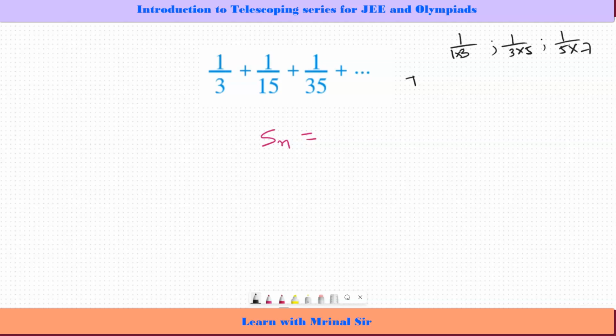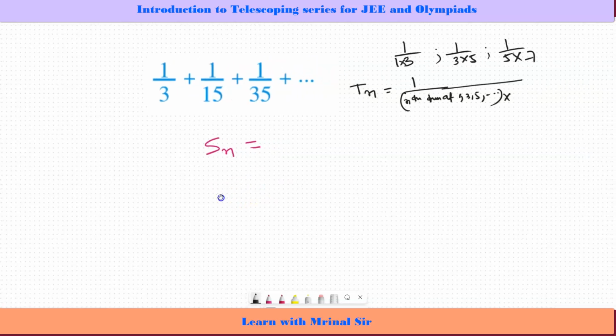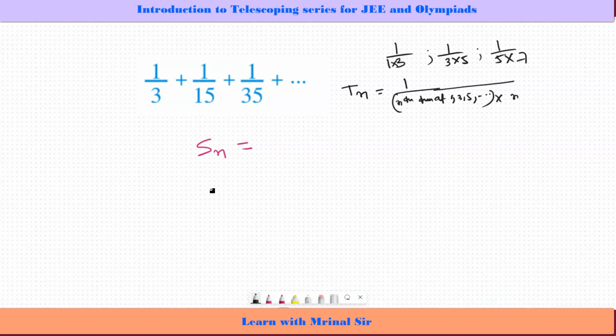So if you want to write the nth term here, Tn will be 1 by nth term of 1, 3, 5, multiplied by nth term of 3, 5, 7, like this. So 1 by nth term of this is what?